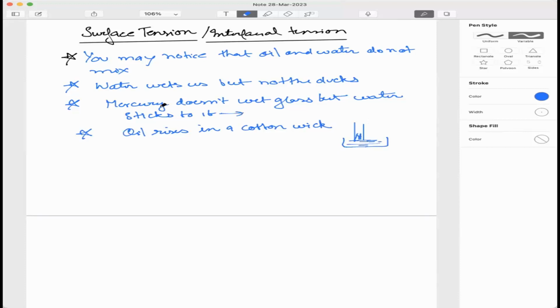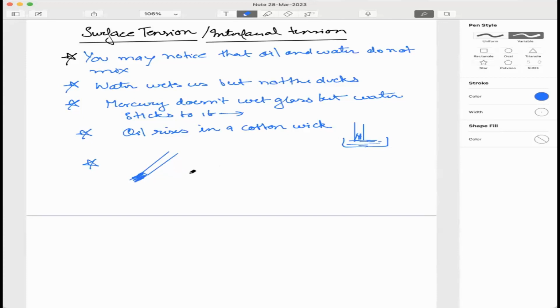I told you that's why we have used mercury in the measuring instruments. And if you see a paint brush, initially it's like this. There are hairs of the brush.